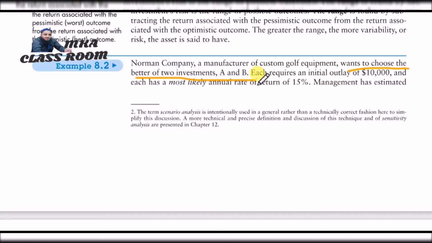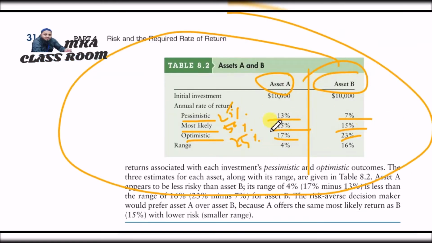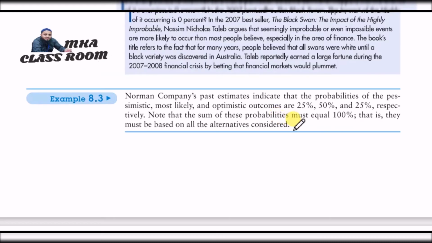A and B are the two investments, and which one is better? Here are the two investments' returns, with three outcomes and probabilities: pessimistic, most likely, and optimistic, 25%, 50%, and 25%. And which one is better? Now we have to calculate.